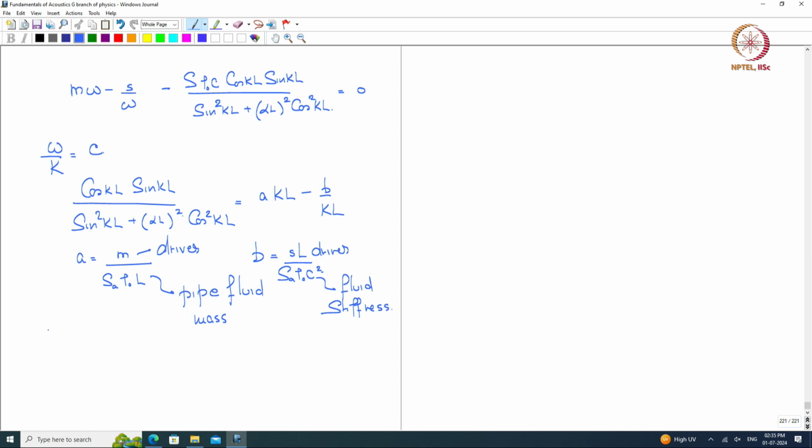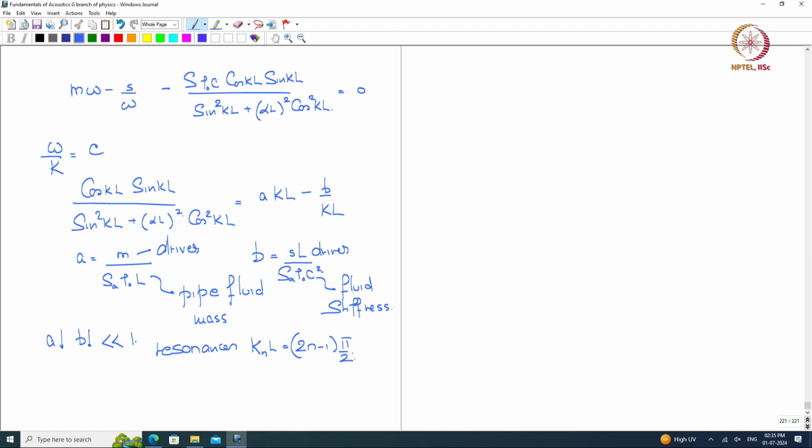Okay. If the driver is light, that means A is small and B is smaller than 1, then the resonances are close to Kn L equal to (2n minus 1) pi by 2.